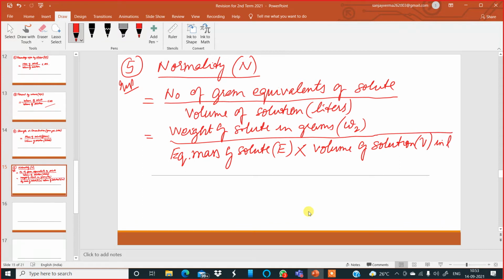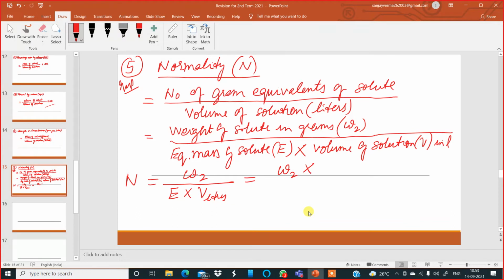So this is another formula. In terms of abbreviation, N, the normality, is W2 divided by E multiplied by V, the volume of the solution in liters. Okay, this can be further written properly.